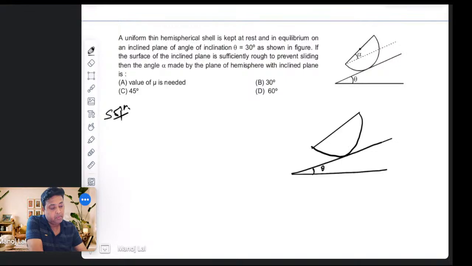So well, something like this. Not a very good diagram, I guess.